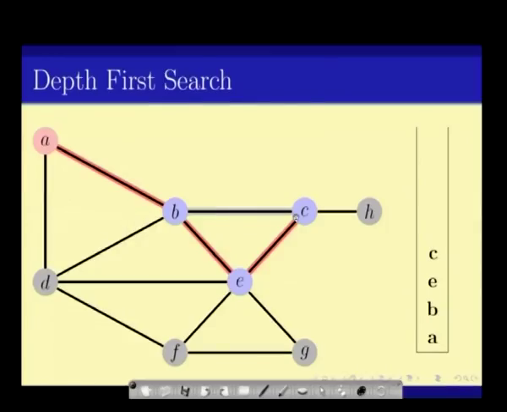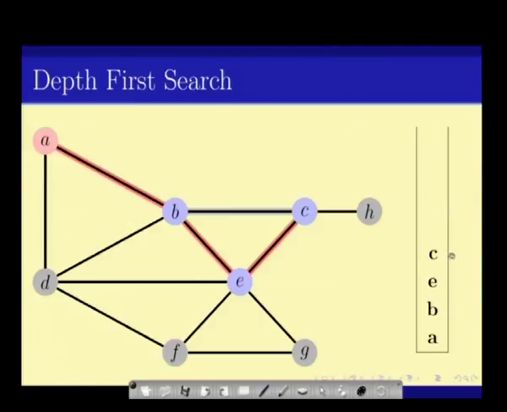If I had picked this edge, I would have got a cycle B, E, C immediately, because we have come to C through some path, and now here is another edge that I can see. So, if I see a vertex which has already been colored blue, I discard this edge and do not do anything.